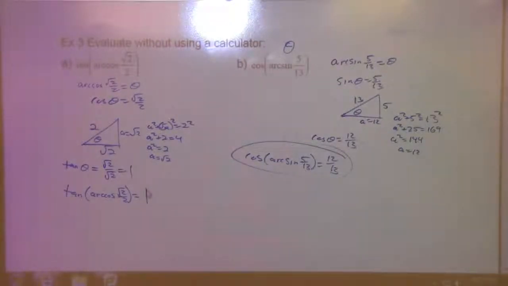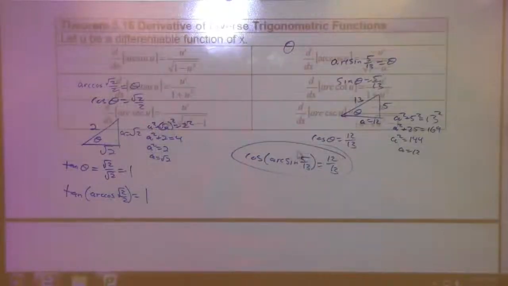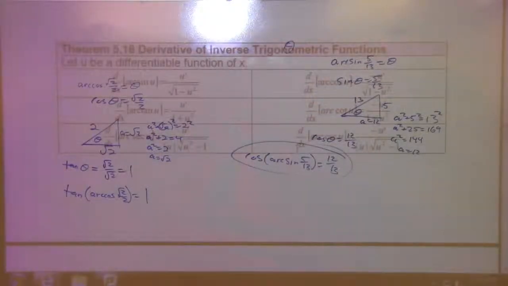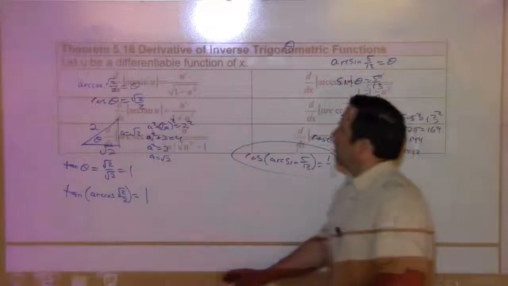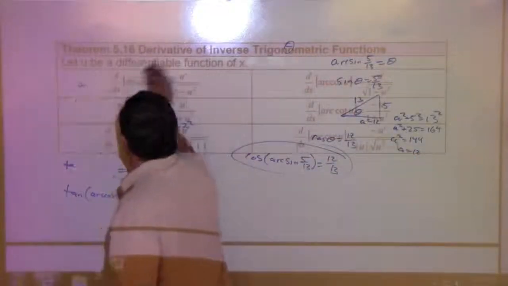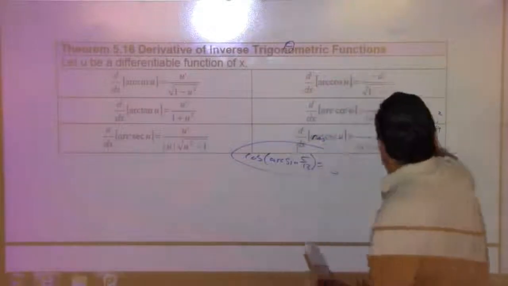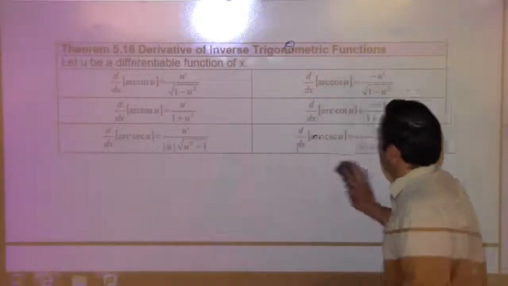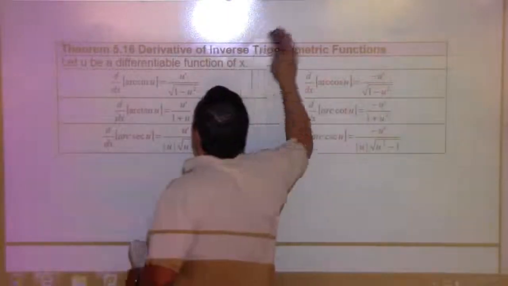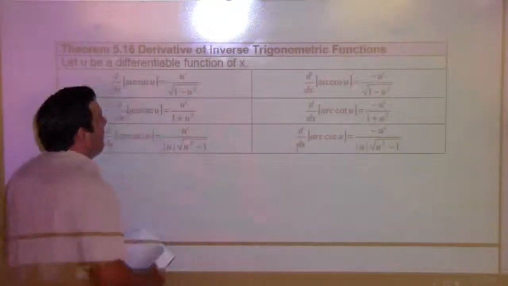Okay, let's talk about derivatives of inverse trig functions. We'll look at all of them, but we tend to focus on just 3, and you'll see why in just a moment. Let u be a differentiable function of x.